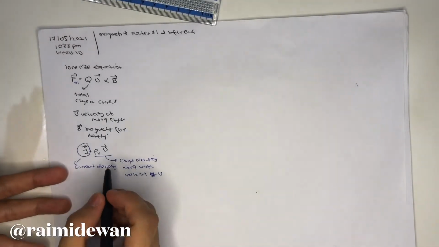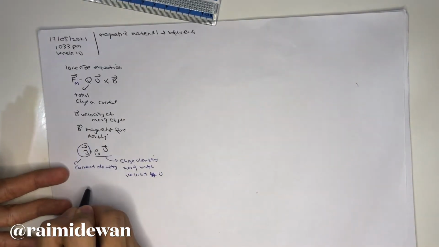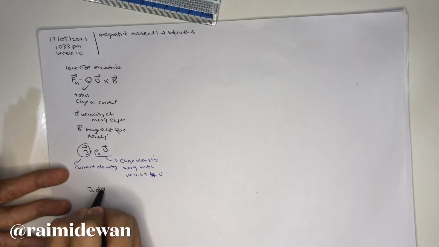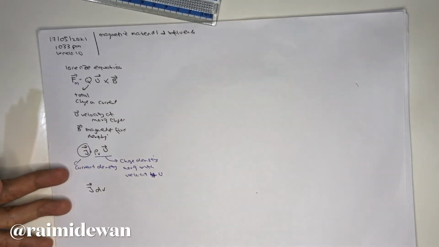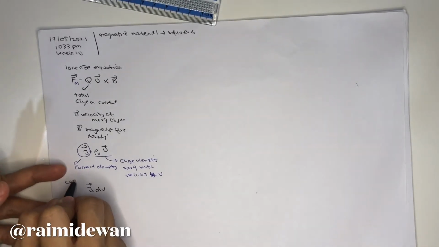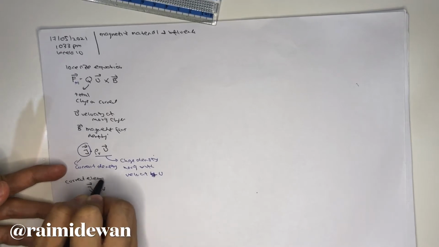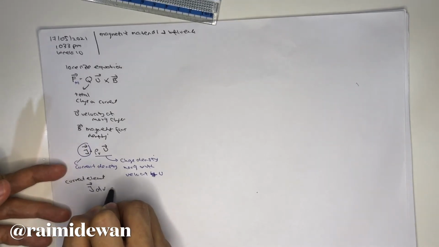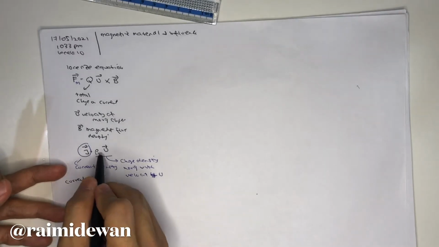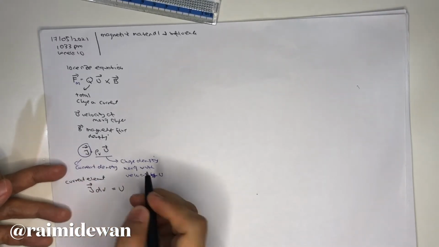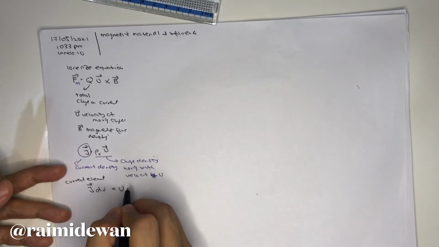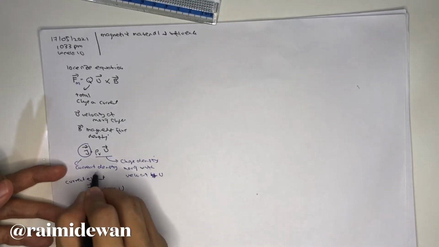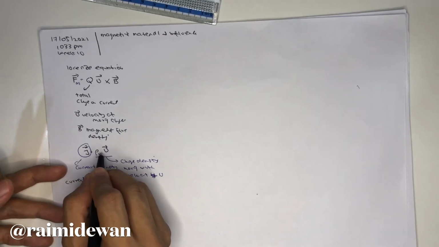So our current element can be, for example, J dV, for our current element. Then J is rho v u, right?